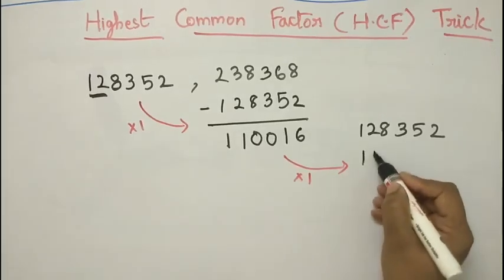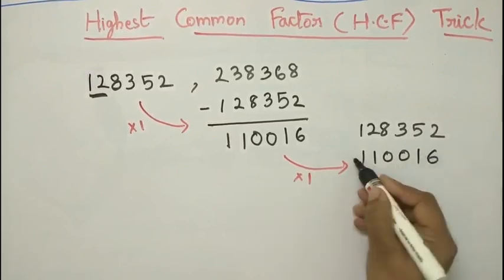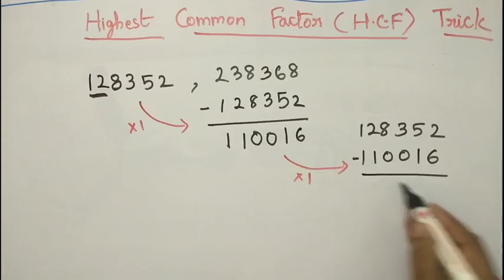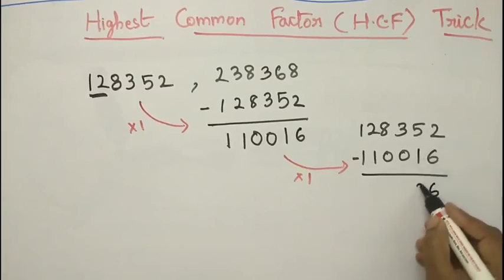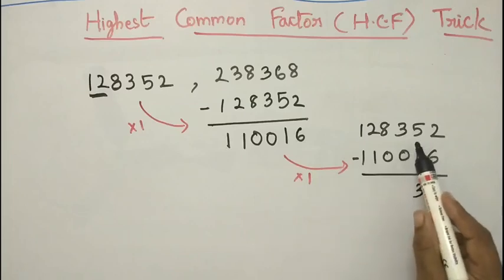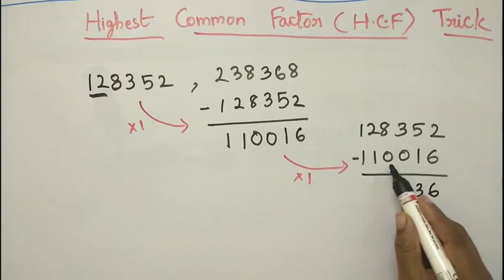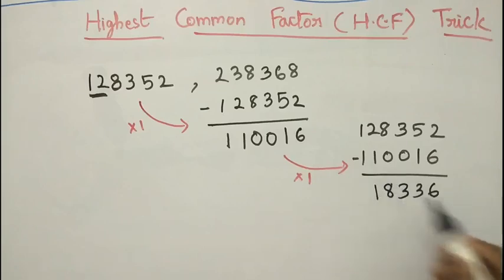It will be 110016 and I will subtract. I will get 12 minus 6 is 6, 4 minus 1 is 3, here it is 3, 8 minus 0 is 8, 2 minus 1 is 1.